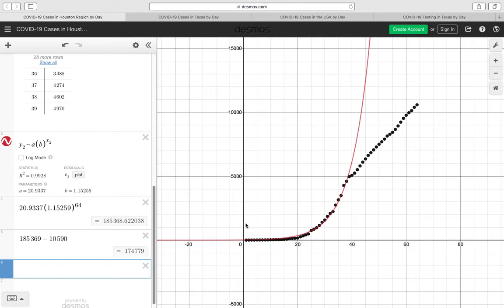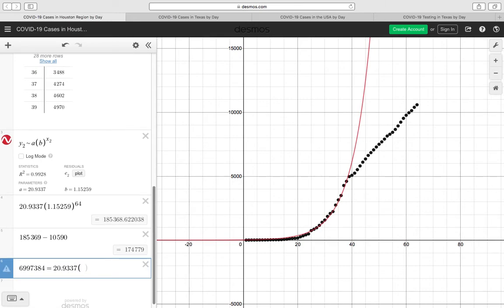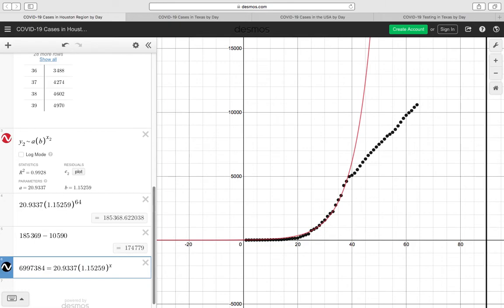So I'm going to go ahead and plug in that Y value in my equation, and I'm going to leave my X as is. And it looks like it's going to give me an X answer.